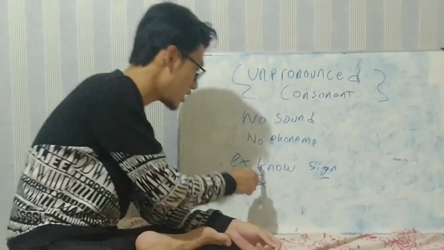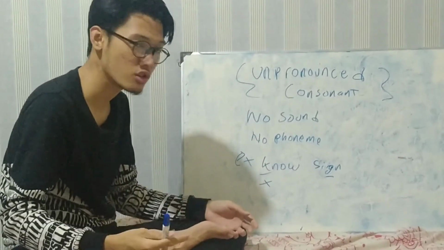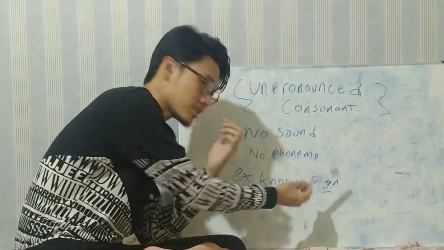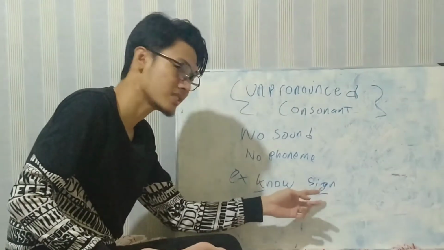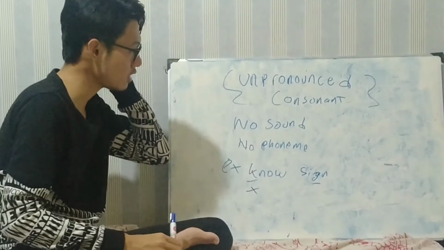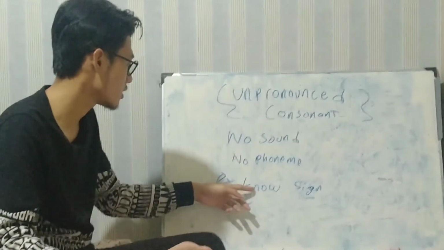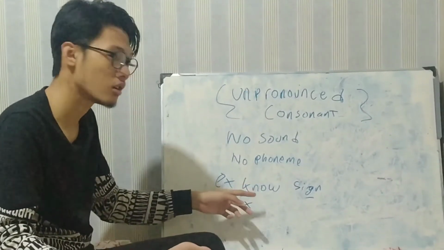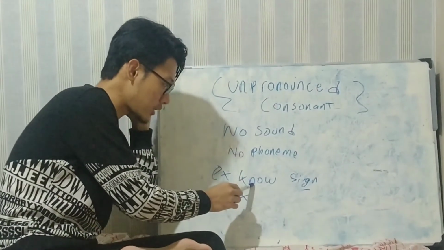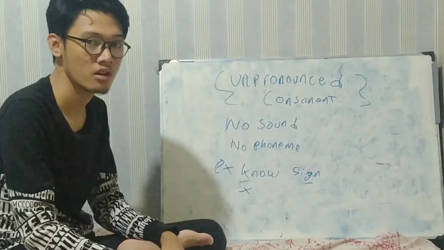We don't say K, because the rules do not allow us to pronounce it. As well as sign, we don't say si-gen, we just say sign. Which is why it's called unpronounced consonant, where there is no sound in the middle of a word, because the consonant produces no sound.